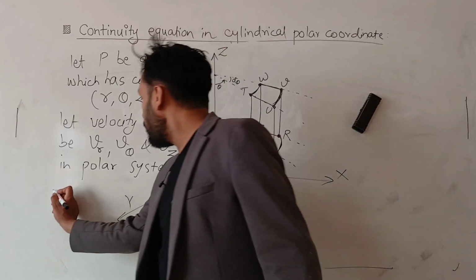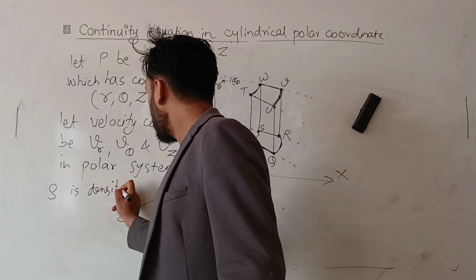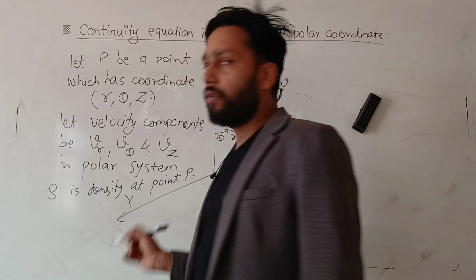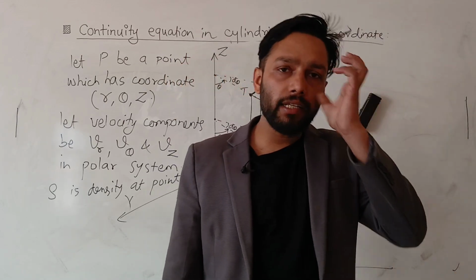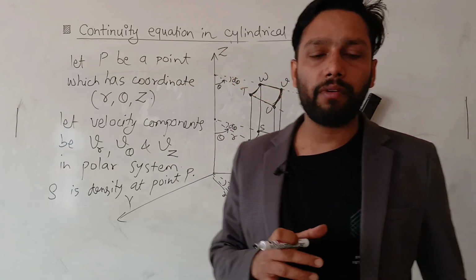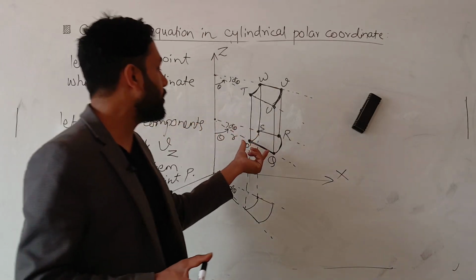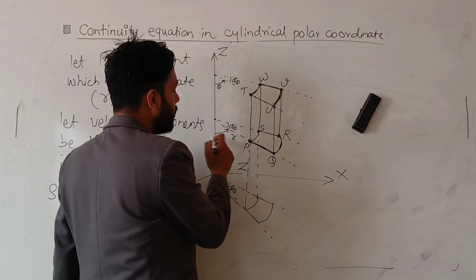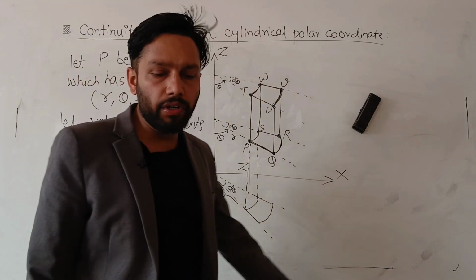And rho is the density at point P. Rho might vary. If rho varies, then that is called compressible flow. If rho does not vary, that is called incompressible flow. So for better understanding, we have drawn a parallelepiped here, which is at a distance r, and let's mark the point P at a distance r, at an angle theta, and a vertical height z. Okay, so let's go to the analysis.